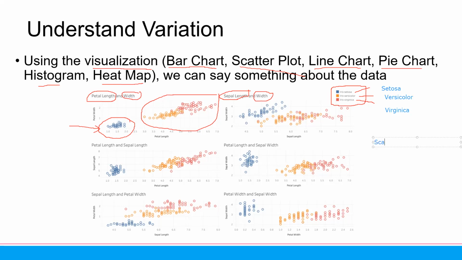Here we use the scatter plot to understand the variation of the data. The first is the variation between petal length and petal width, then the variation between petal length and sepal length, and the variation between sepal length and petal width, and so on.